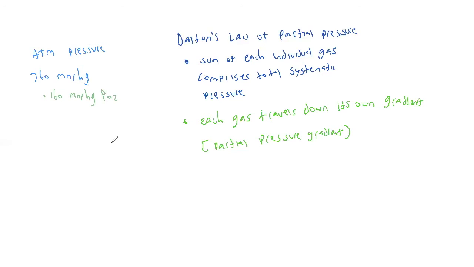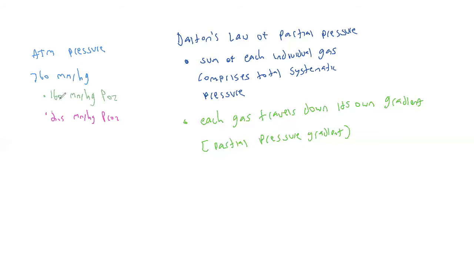And CO2 is going to be incredibly small. I think it's only something like 0.25%. So I'm just going to put down, and I'm being generous with this, CO2 is probably going to be 2.5 millimeters of mercury, partial pressure of CO2. So that's going to give us about 163 millimeters of mercury.